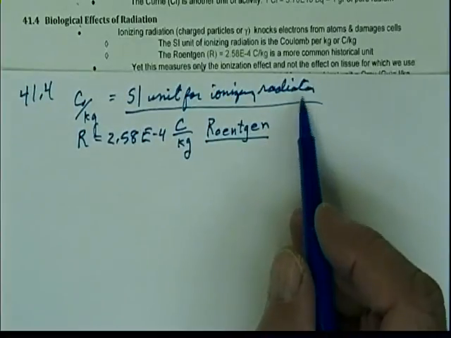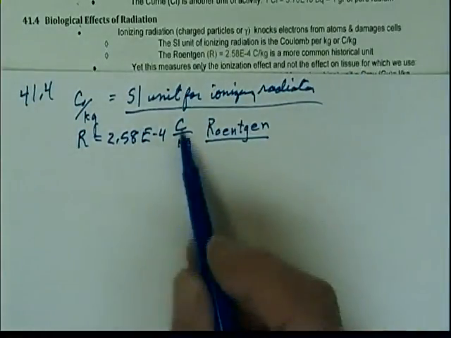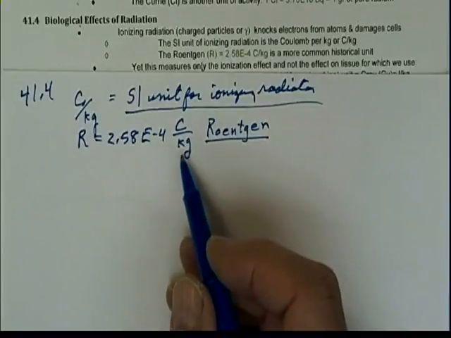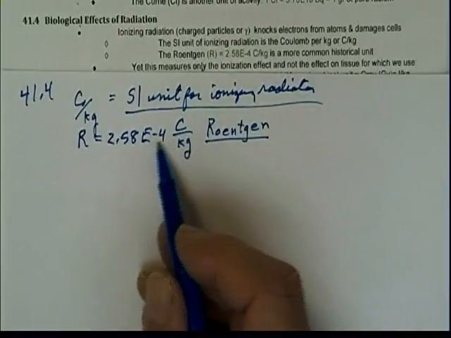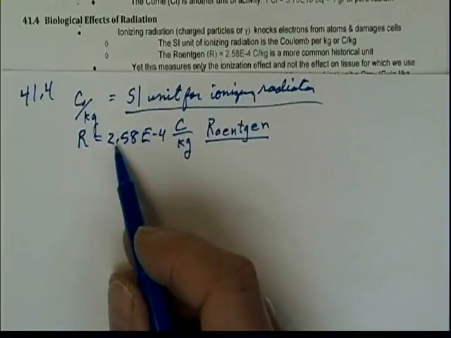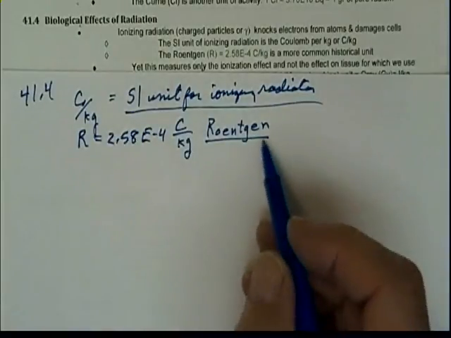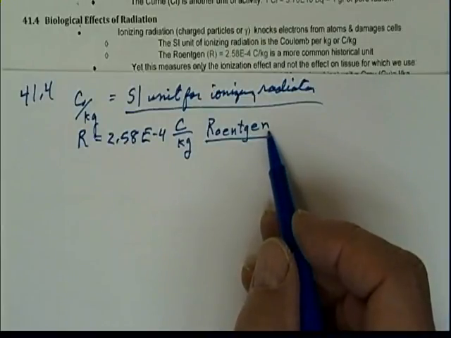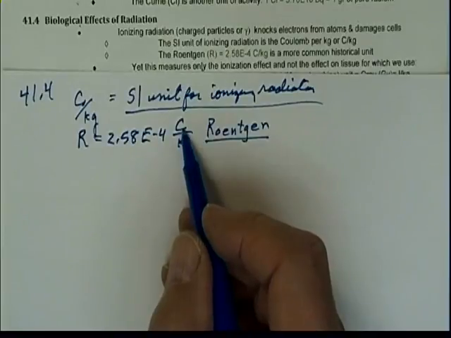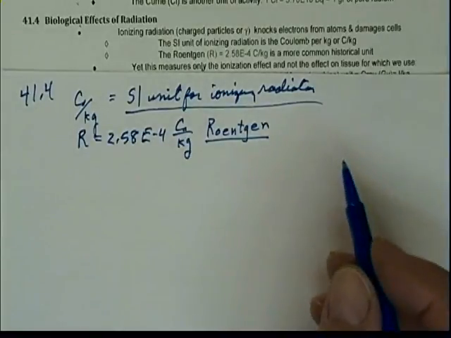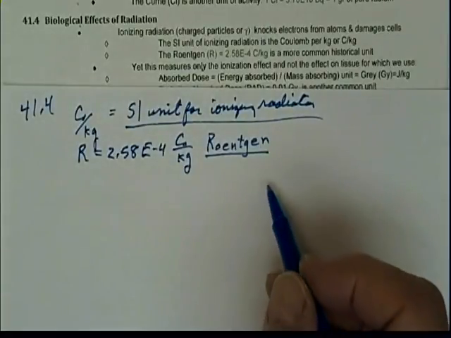It was a more common historical unit back before we were using the SI units for everything, and it had a different source. You can see it's smaller, about 1/1000th or 1/3000th of the amount that you have here. So we can talk about a Roentgen of ionizing radiation. That means you would have less charge knocked out of a kilogram of living matter.